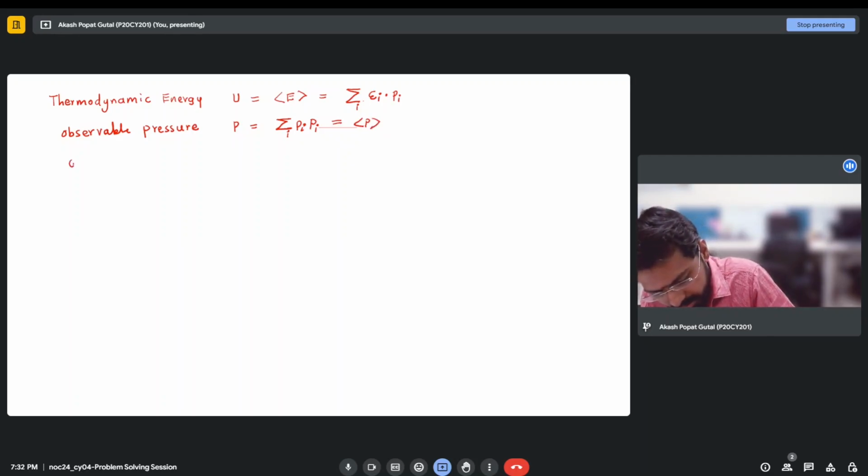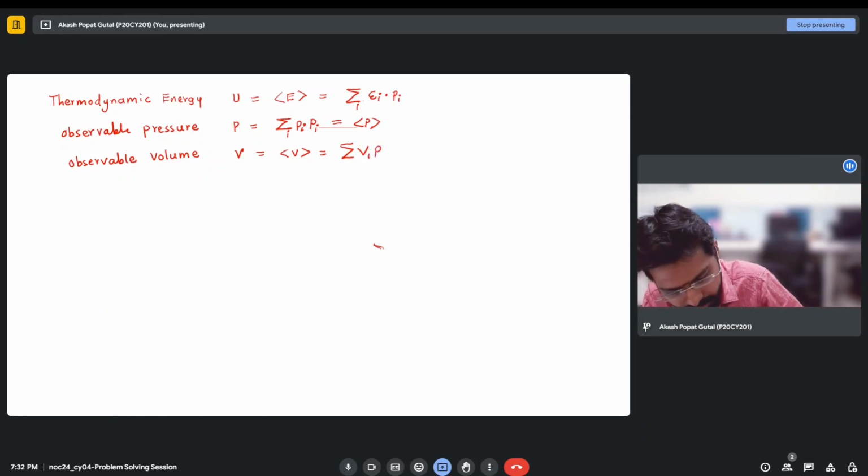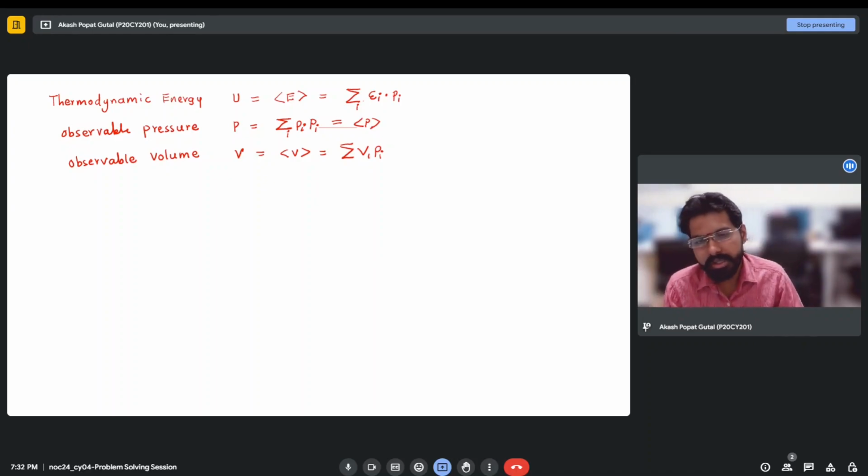Similarly, the observable volume V is the average volume, the summation of Vi into the same capital Pi. We have seen that this is the same as the analogy in quantum mechanics, the wave function analogy, in the lectures.